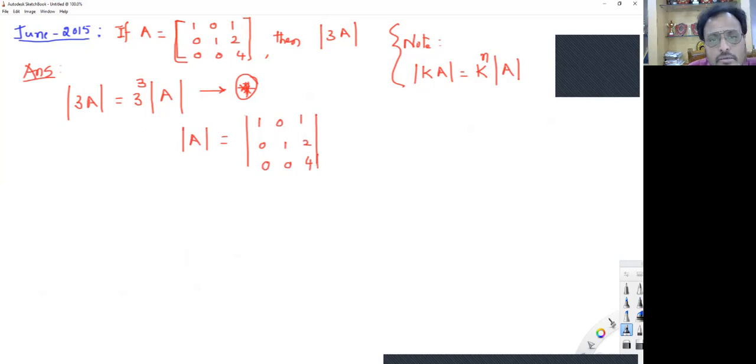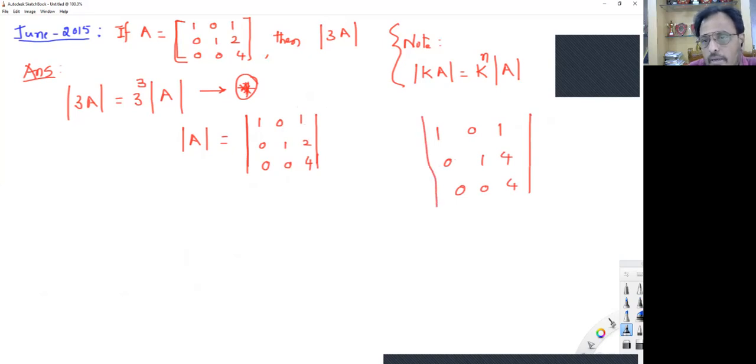As we have already studied, to find the determinant of third order you can expand using the first, second or third row, or the first, second or third column. Not necessary, but here I'm going to give you this.